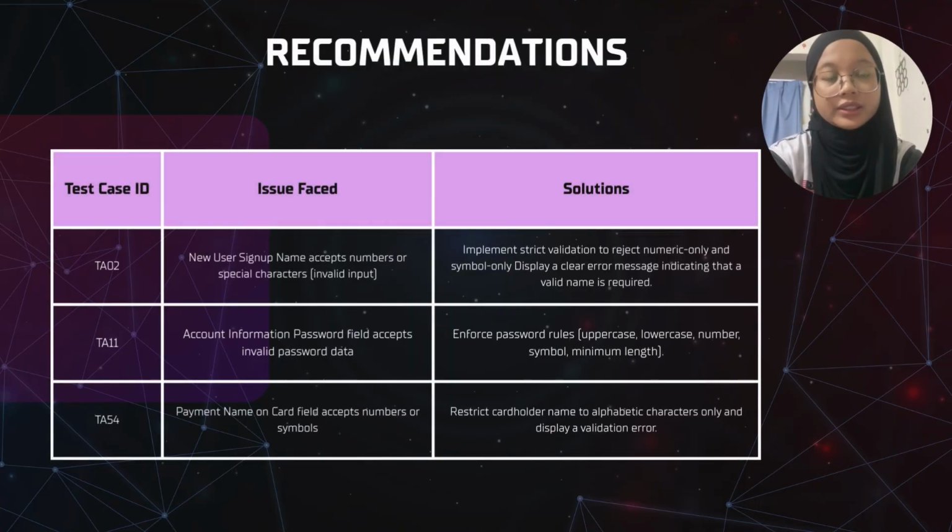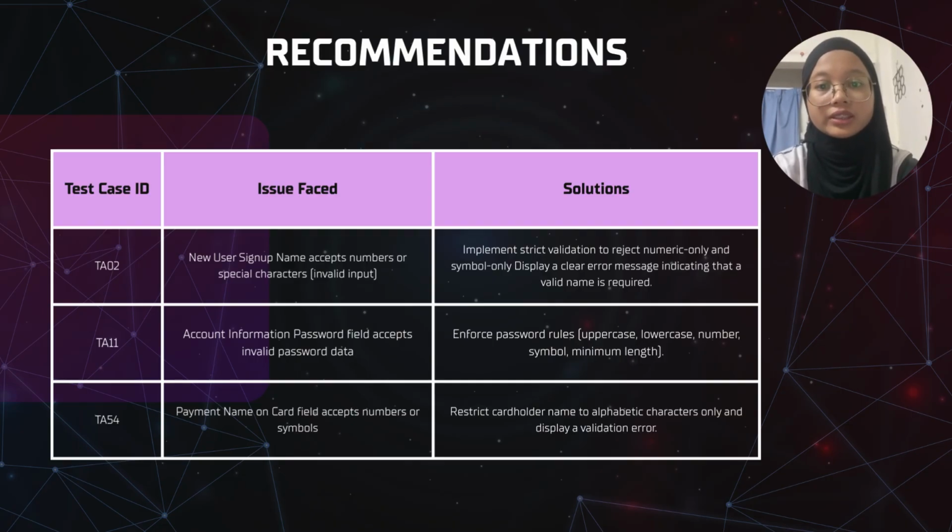I will explain several test cases where invalid user input was accepted by the system, the issue faced, and the recommended solution to improve input validation and system reliability. First, for test case 02, new user sign up name validation. The issue occurs during the new user sign-up process.